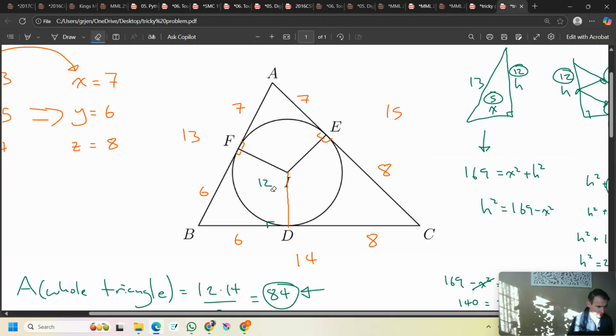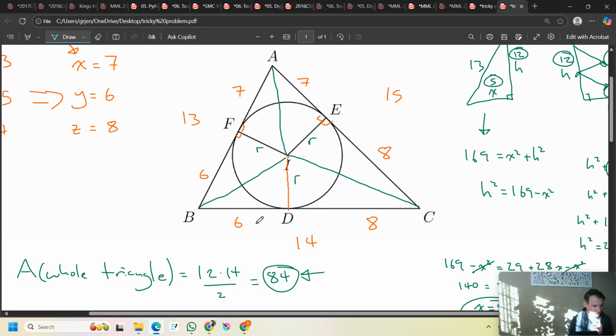So here's another way. We divide these up, and we're going to call the radius r. We divide these up into congruent triangles, 3 sets of 2 congruent triangles. So now let's call these A1, A1, A2, A2, A3, and A3, representing the area of all 6 triangles.